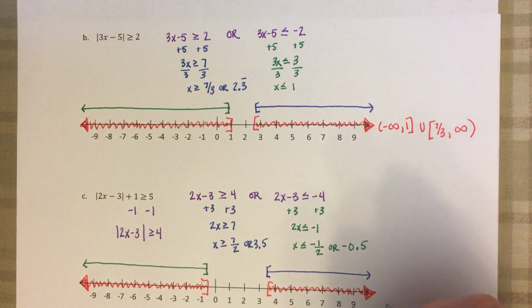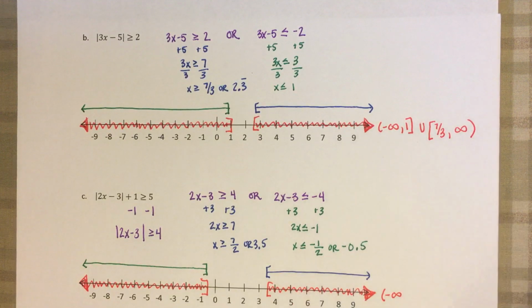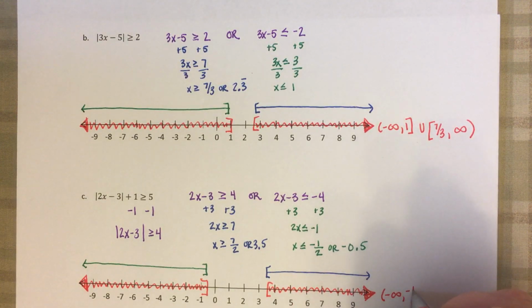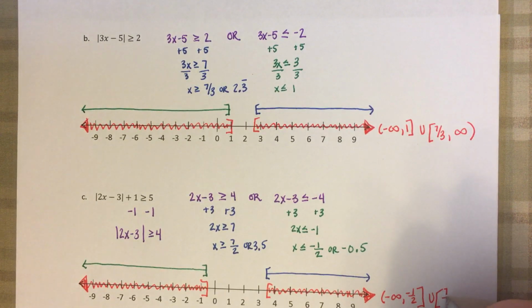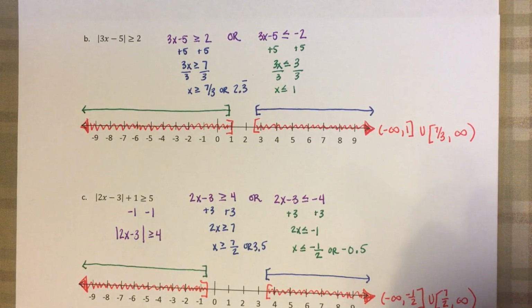And then our final answer in interval notation: negative infinity to negative 1/2, union 7/2 to positive infinity.